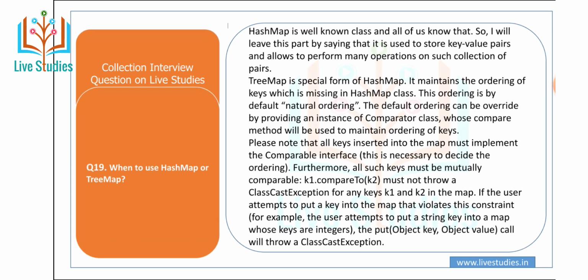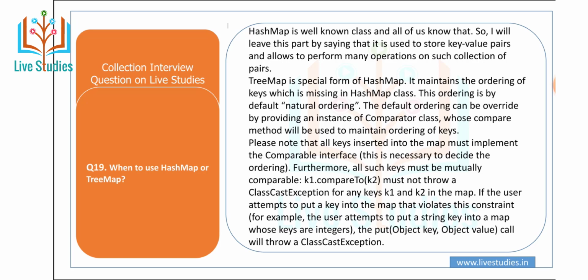Another question is when to use HashMap or TreeMap. HashMap is a well known class and all of us know that, so I will leave this part. It is used to store key value pairs and allows many operations on such a collection of pairs. TreeMap is a special form of HashMap.